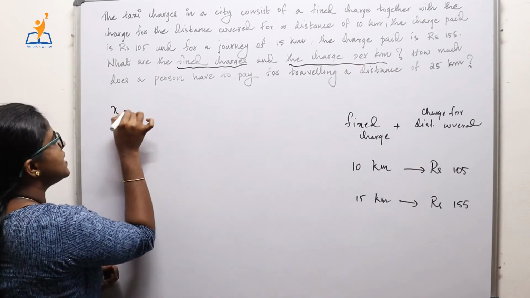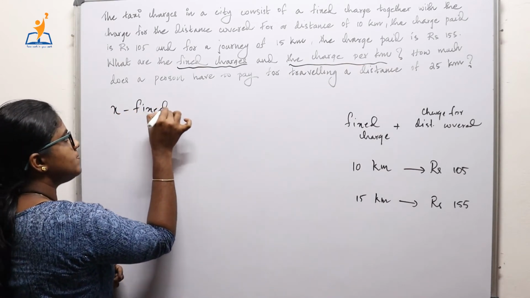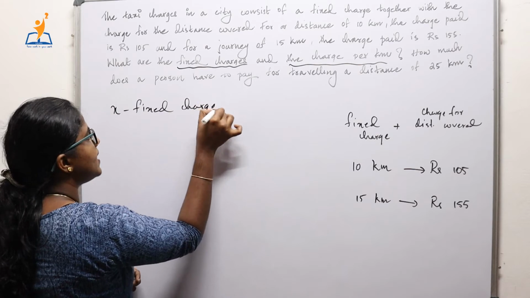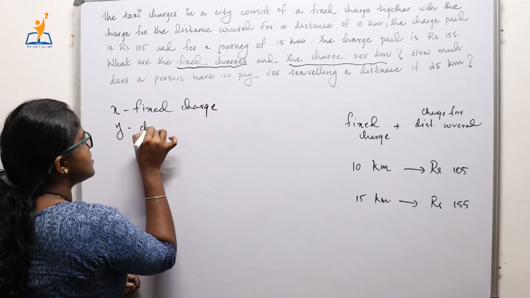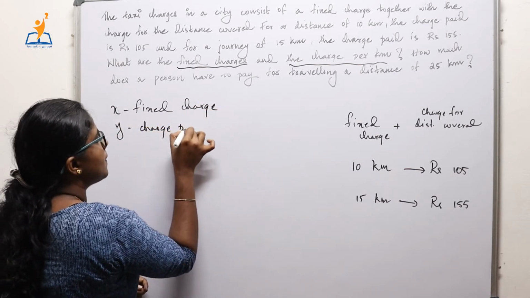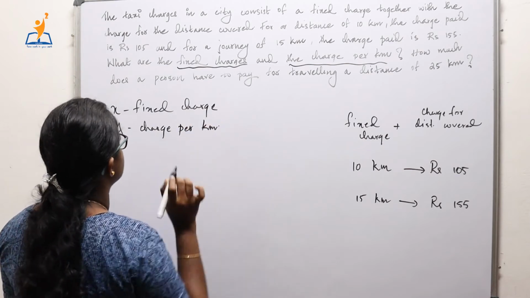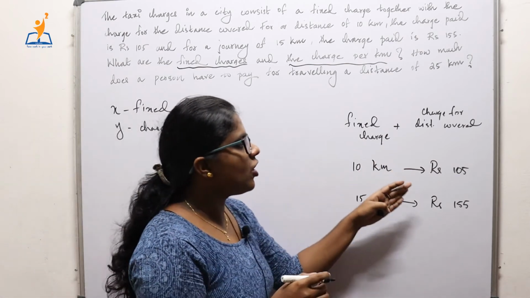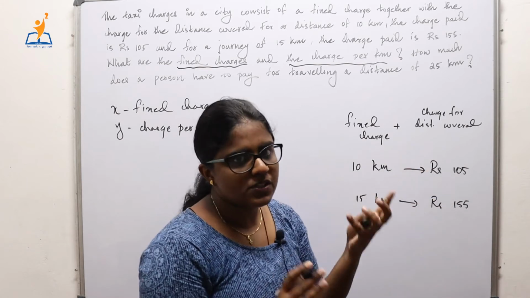So let x be the fixed charge and y be the charge per kilometer. Now for 10 kilometers we have to pay rupees 105.